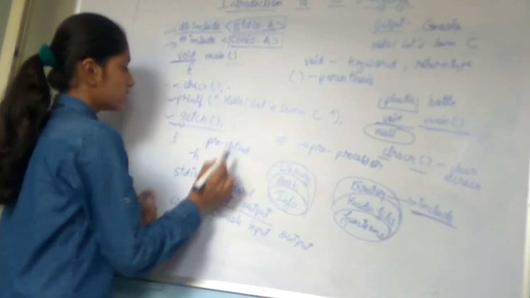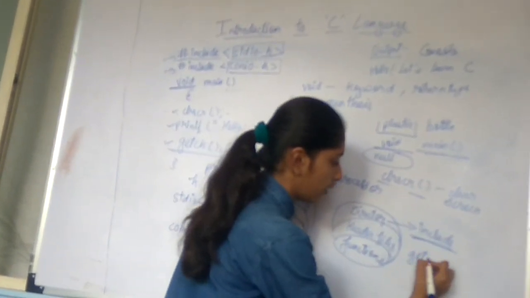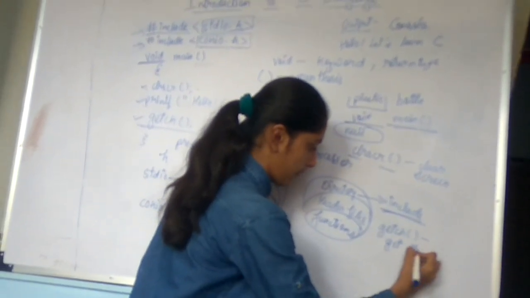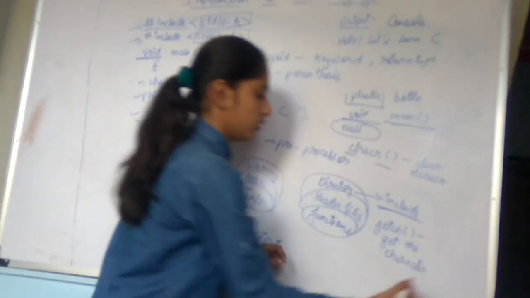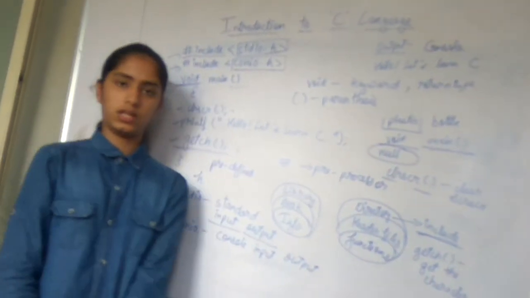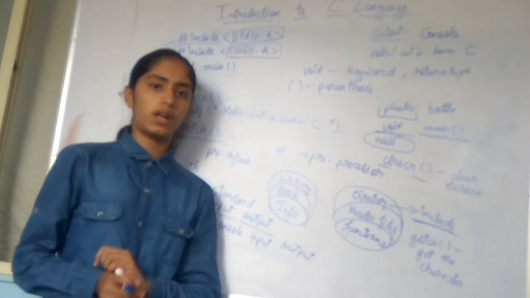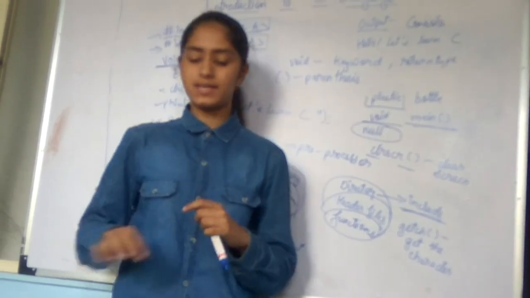The last function, getch. Getch stands for get the character. This function holds the output screen until any key is pressed, which means, as you have observed, when we run our code, the screen is displayed until I press any key.